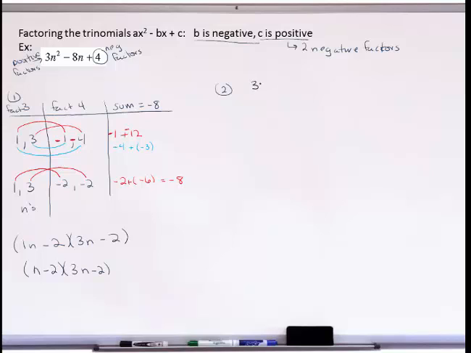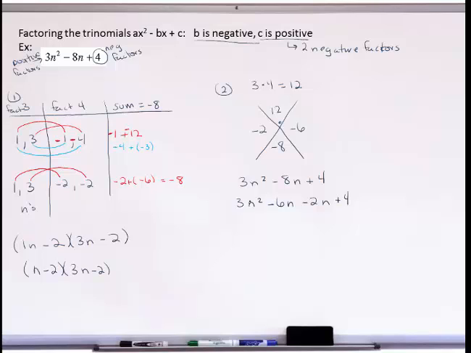Using the big giant X, I do 3 times 4, which will give me 12. And I want factors of 12 that will add up to negative 8. And I quickly can come up with negative 2 and negative 6. I replace my negative 8 with the negative 6n and the negative 2n.